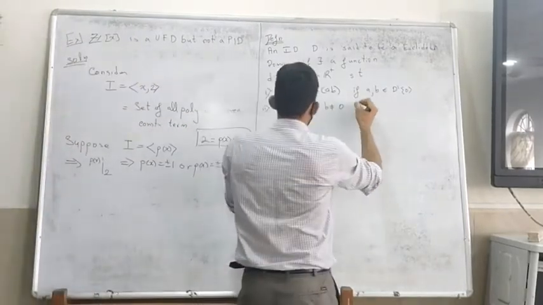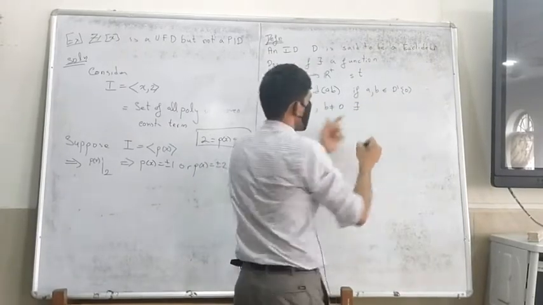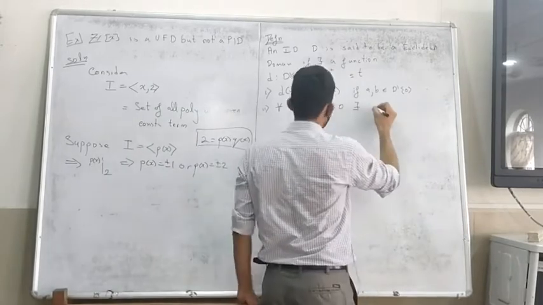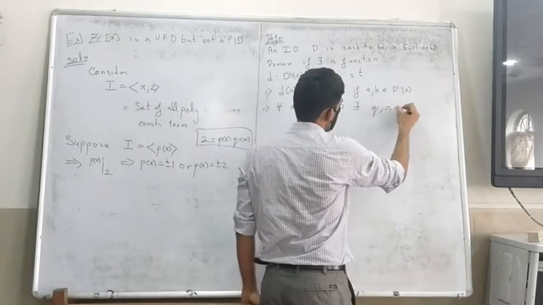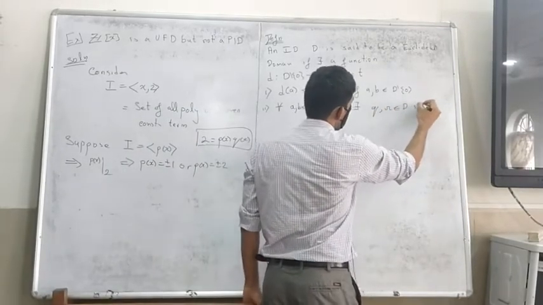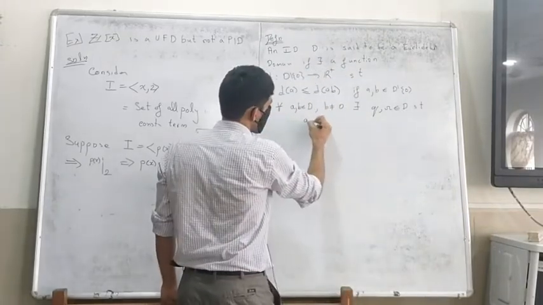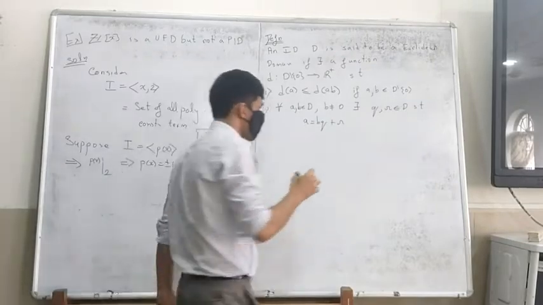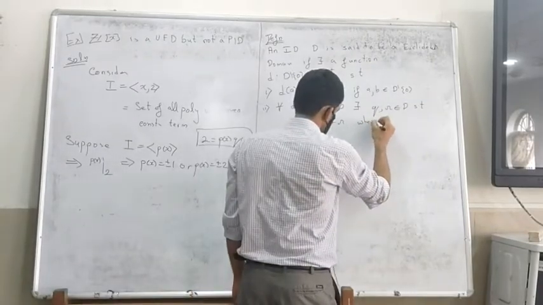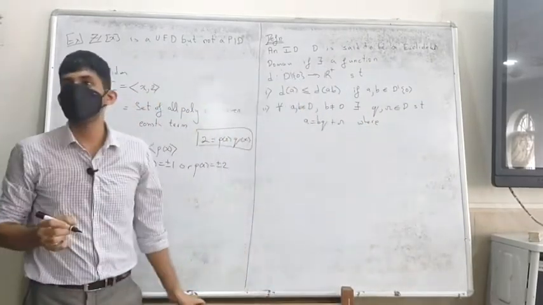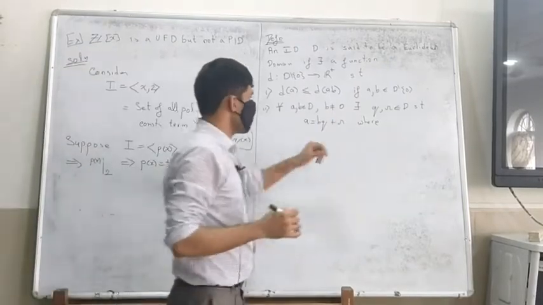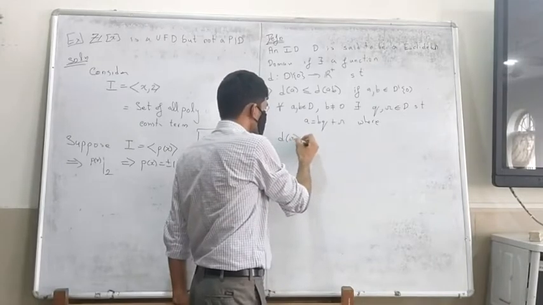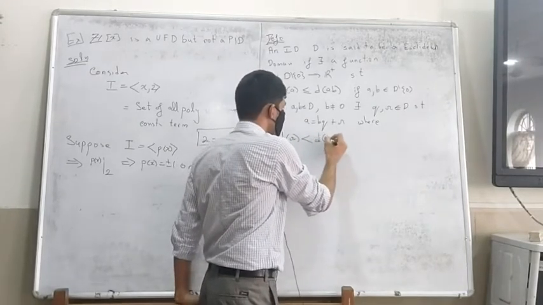There exist q and r in D such that a can be written as bq plus r, where d of r should be less than d of b.